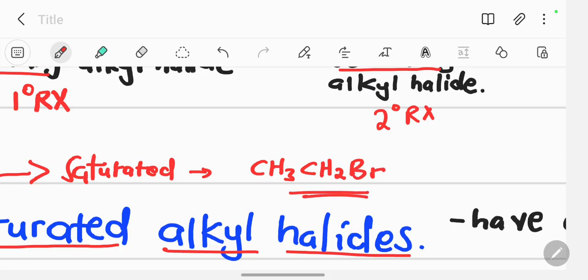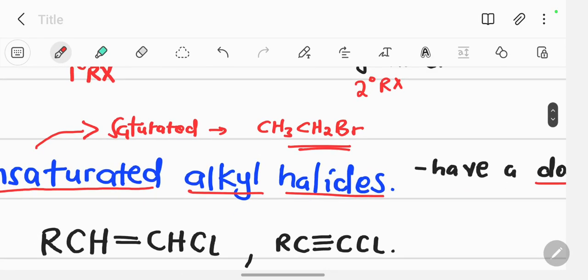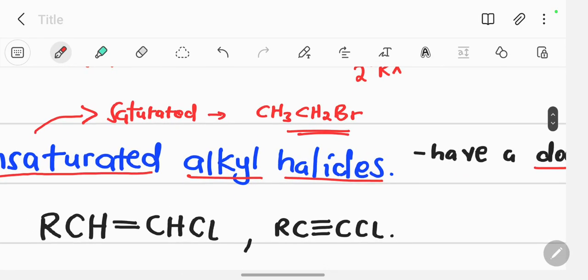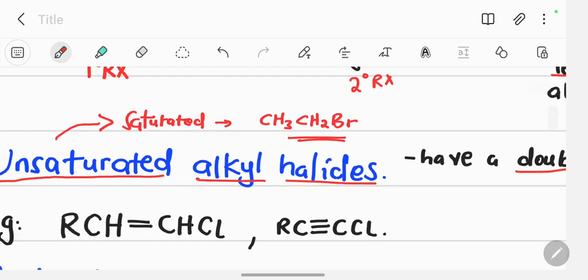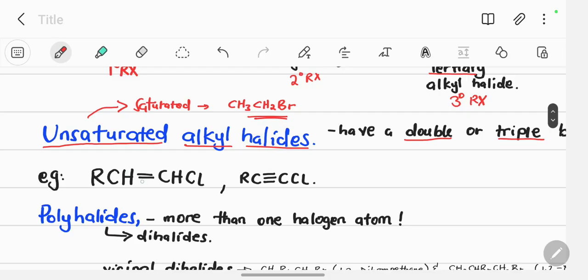That one has no double bond or triple bond between the two carbon atoms. So our bromoethane is a saturated alkyl halide there. So we have the examples. Are you seeing this and that? Those bonds there are indicating unsaturation.